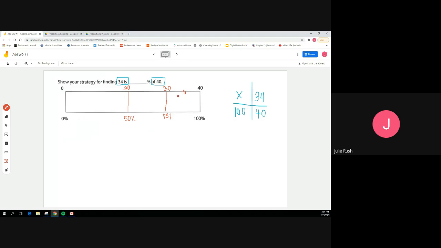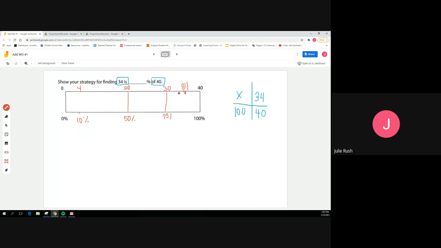So I need to add 4 here. Well, what can I do to get to 4? Well, I can divide this by 10. So if I divide it by 10, I get 4. 100 divided by 10 is 10%. So 10% of 40 is 4. So 4 and 30 gives me 34.